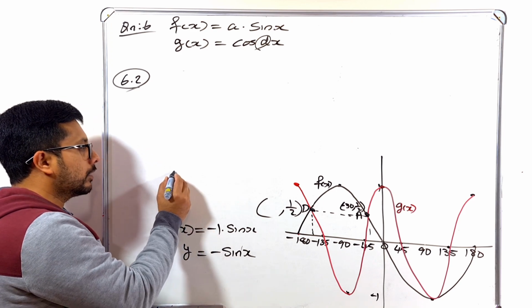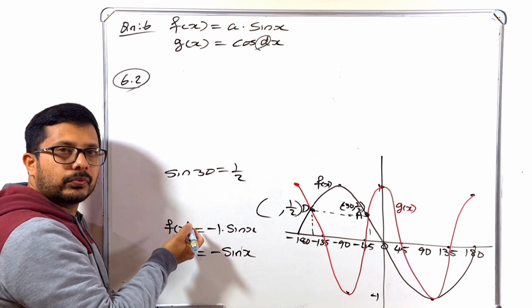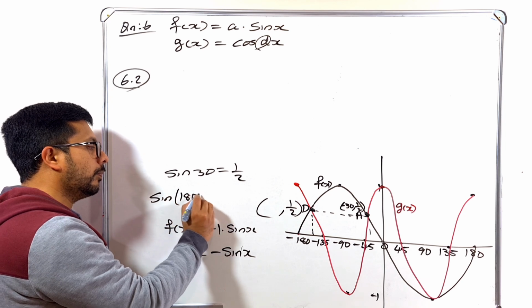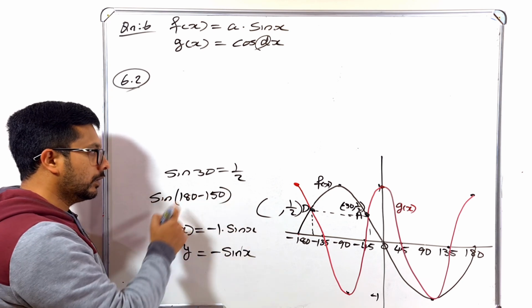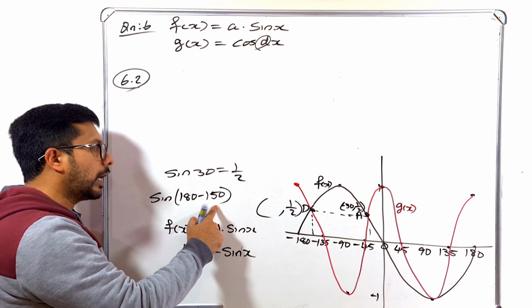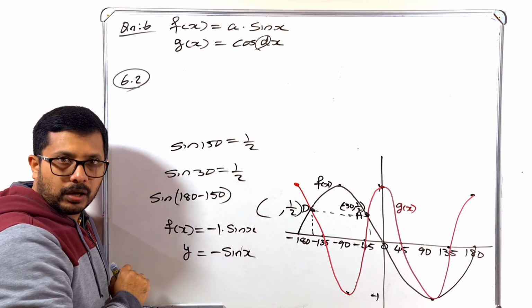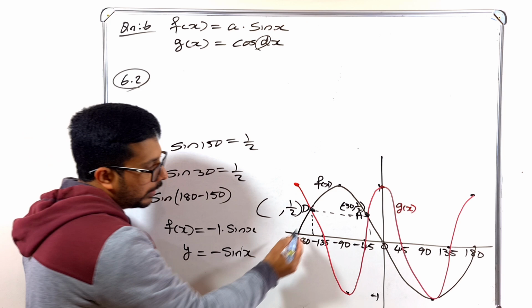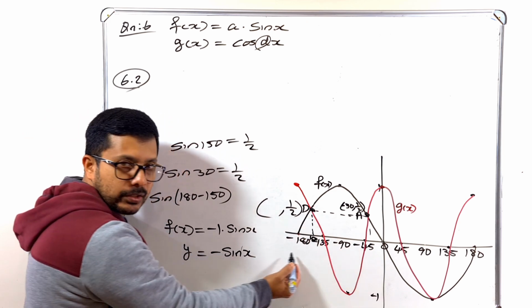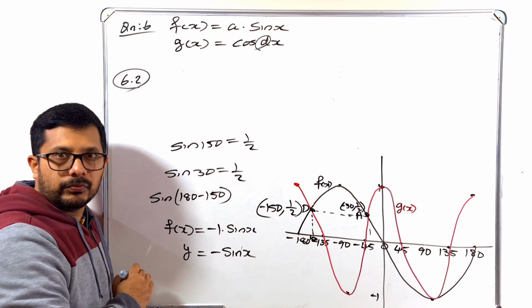You know, sine 30 is equal to half. Then which one else is half? Sine 150, since 30 is 180 minus 150. Sine 150 is also half. Since here the x value is negative, we can write minus 150.